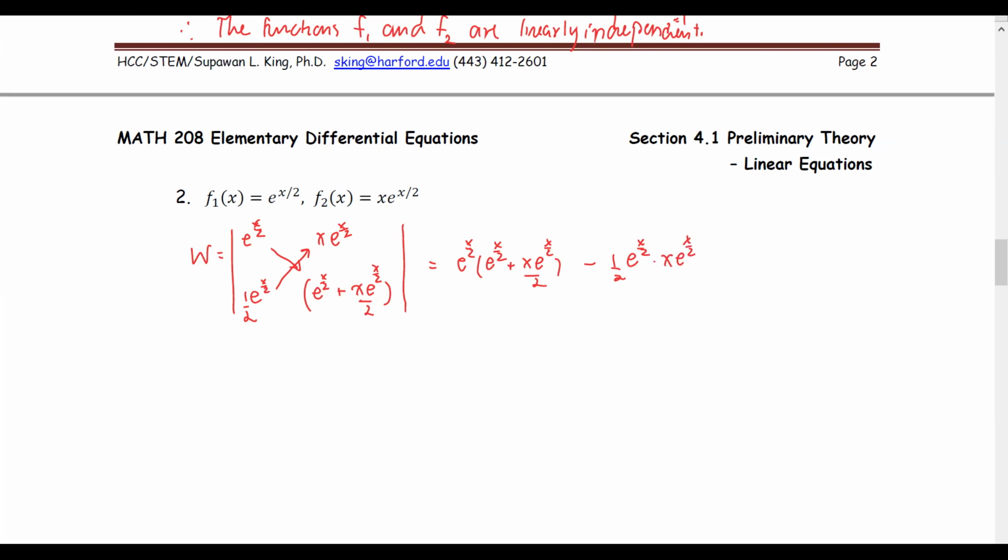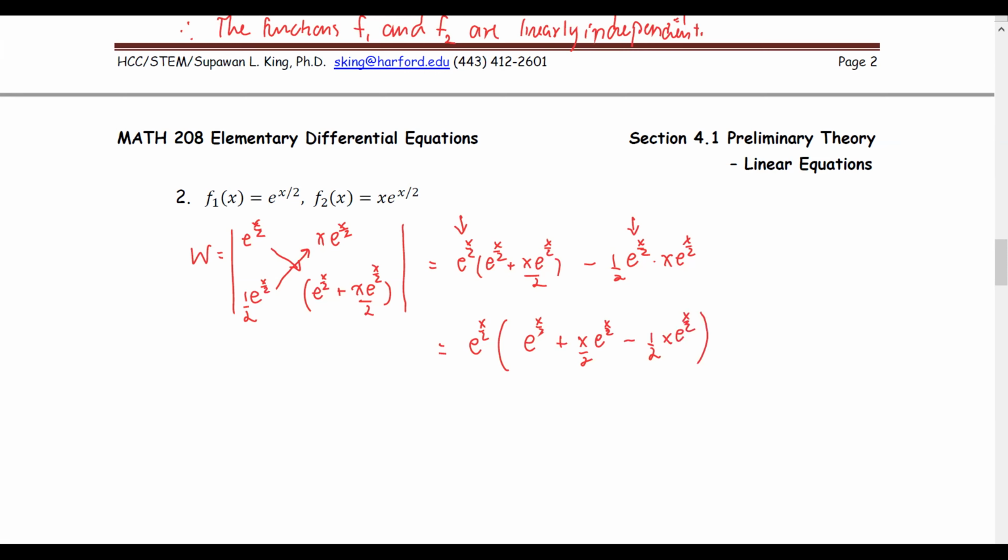Next, simplifying, we see e to the x over 2 as a common factor, and then combine the groups. So e to the x over 2 times the quantity e to the x over 2 plus x over 2 e to the x over 2, minus 1 over 2 x e to the x over 2.